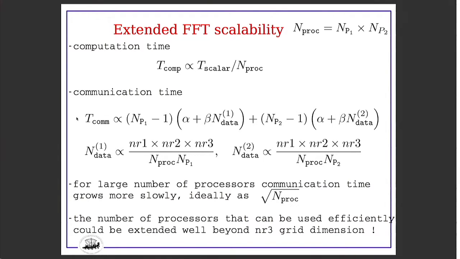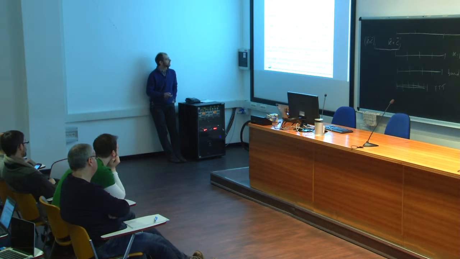If you have many processors and you arrange them in a matrix of processors, with a certain number of processors as rows and a certain number as columns, then the computational time decreases with the number of processors, so this should become small.